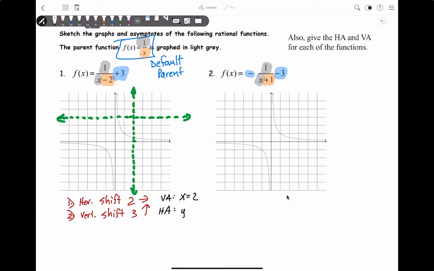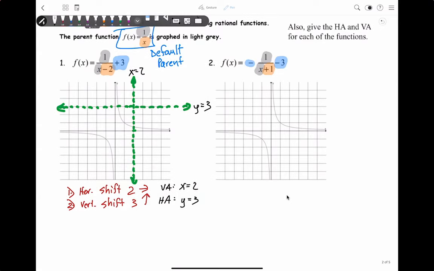And that's how we got y is equal to 3 right here, and x is equal to 2 right here. Okay? All right, so if I want to look at x-intercepts and y-intercepts to see where this graph would go, I can plug in x is 0 to find my y-intercepts, and I can plug in y is 0 to find my x-intercepts.